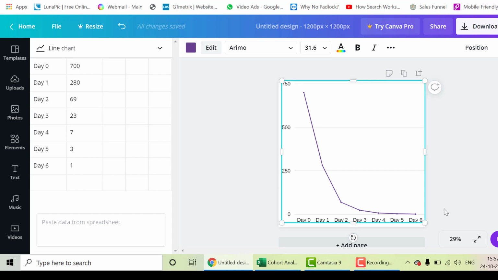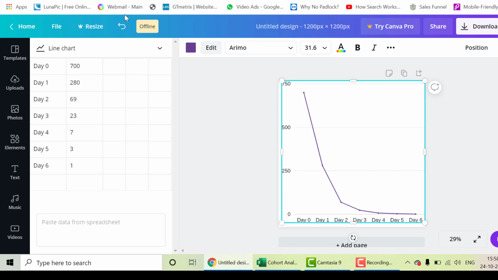Out of these 100 I am going to assign percentages to the people who are coming on the next days, which will be day 1, day 2, day 3, and day 4, to analyze what is the user retention rate of my website, how lucrative people find my website that they keep coming onto it, how good my website is as far as user retention goes. So cohort analysis makes it easy for you to understand it in a proper manner.